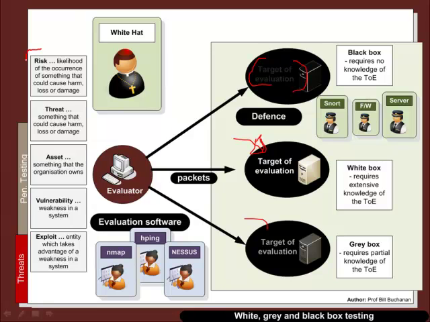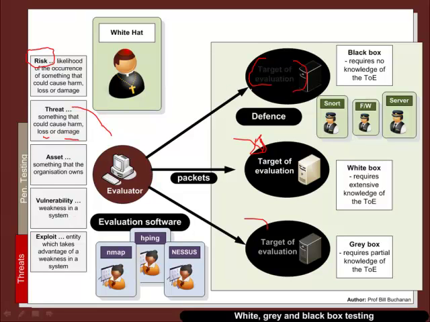So some of the key objectives and terms that we have: risk, which is the likelihood of an occurrence of something that could cause harm, loss or damage. There's a threat, which is something that could cause harm, loss or damage. An asset is something that the organisation owns.